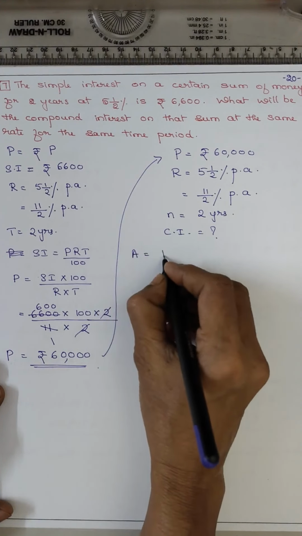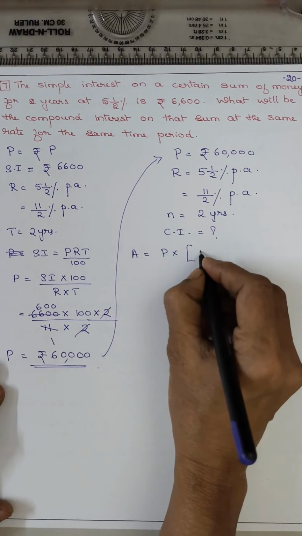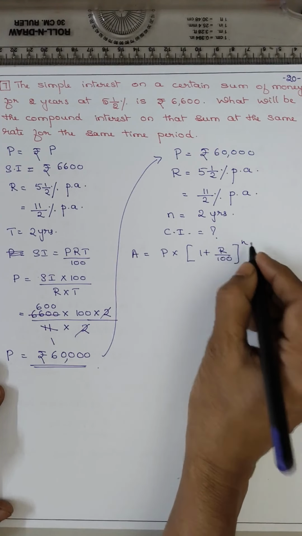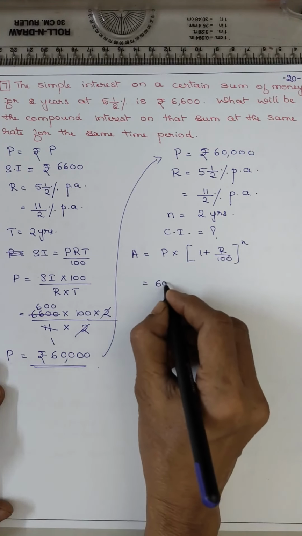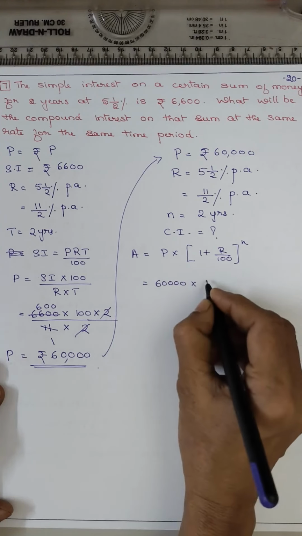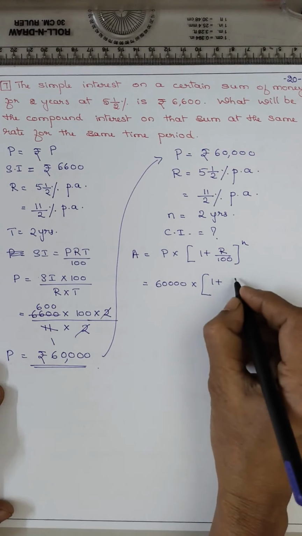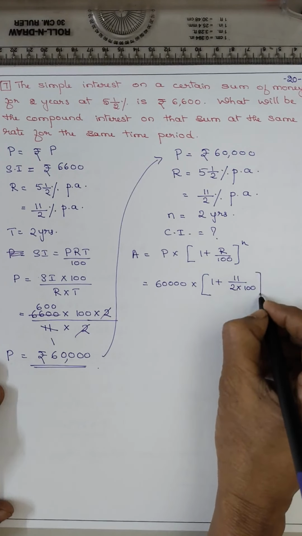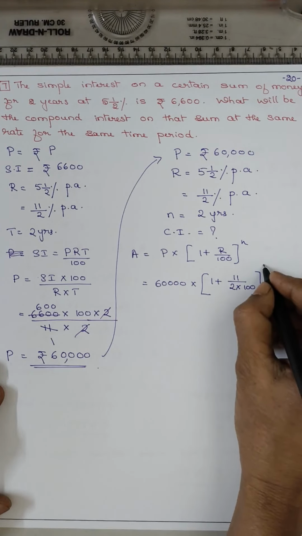A is equal to P into 1 plus R upon 100 the whole raised to N, 60,000 into 1 plus 11 upon 2, denominator 2 into 100 the whole raised to 2.